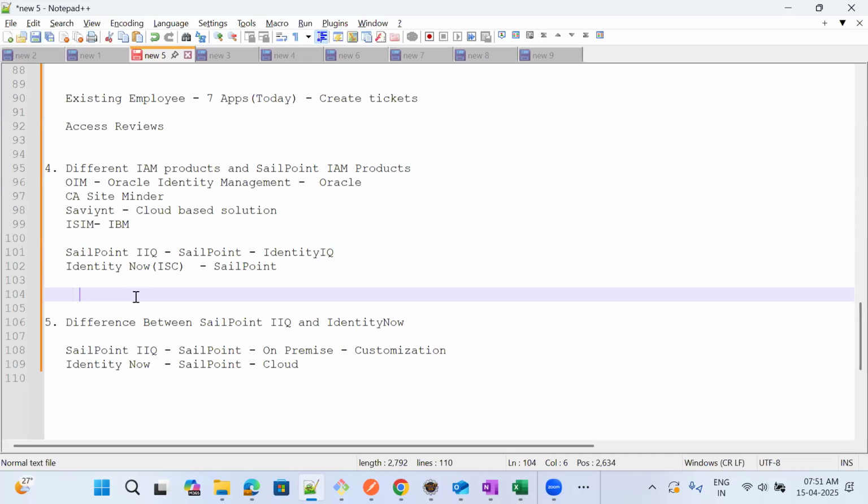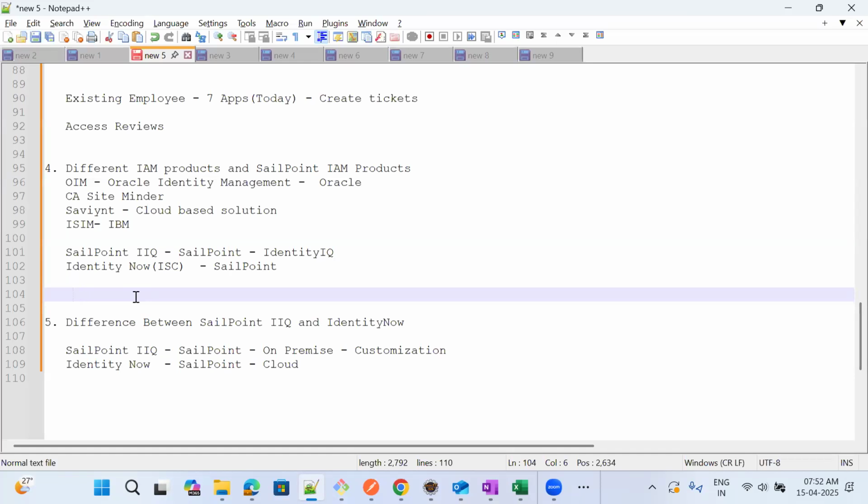IIQ is a proper tool where we can store the data, or we can do the operations we want, but a cloud platform is totally different. I'm not sure about the more differences. Yeah, no worries. No worries.